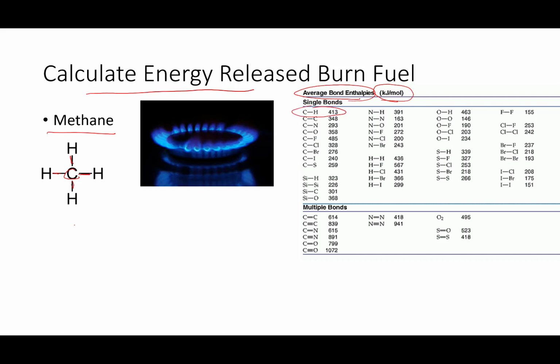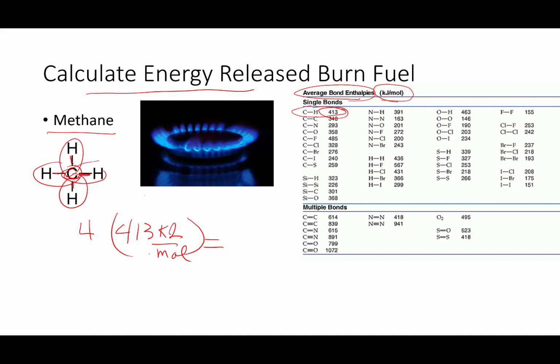One carbon-hydrogen bond is 413 kilojoules per mole, and I have 4 of those. When it is fully combusted, those bonds are totally eliminated and all that energy is released.